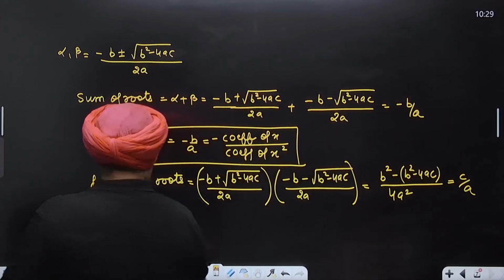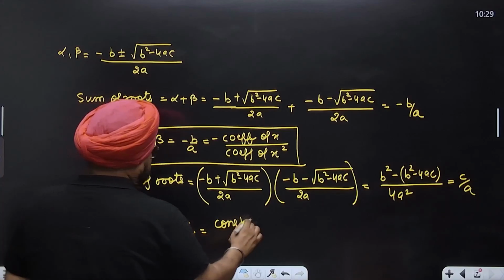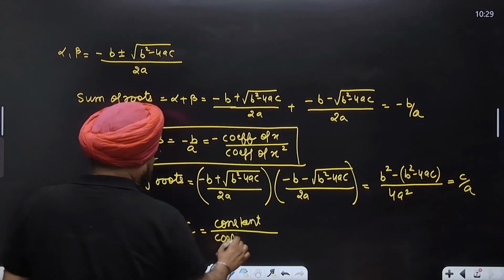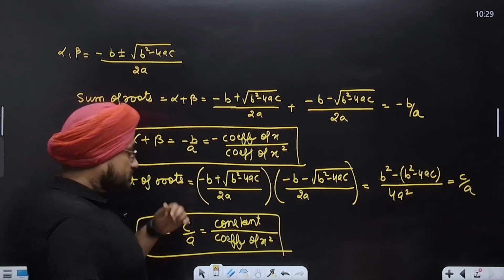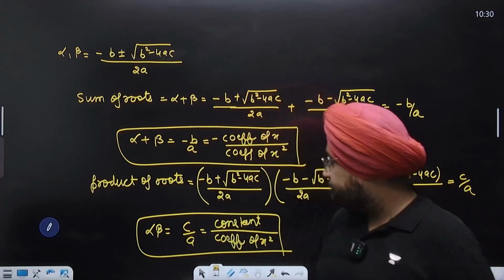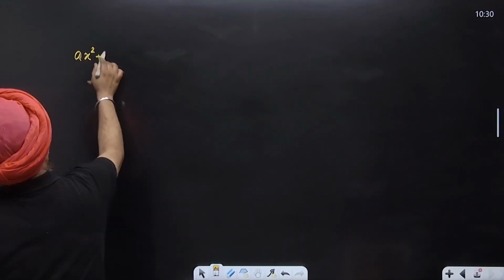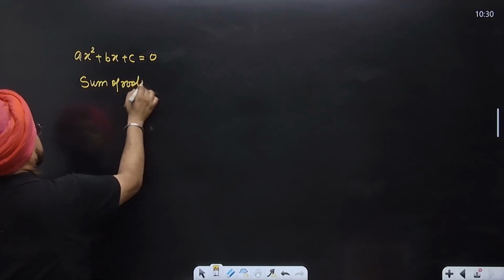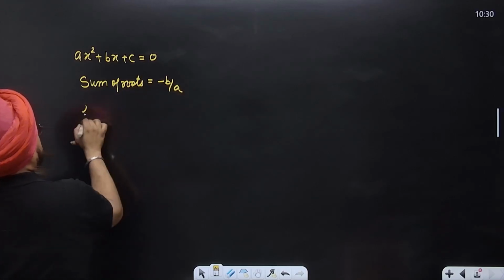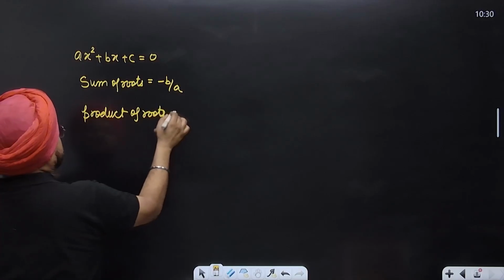So product of roots alpha beta is c by a, which is constant upon coefficient of x square. So this we will have to remember. For the quadratic equation ax square plus bx plus c equal to 0, sum of roots is minus b by a, product of roots is c by a.